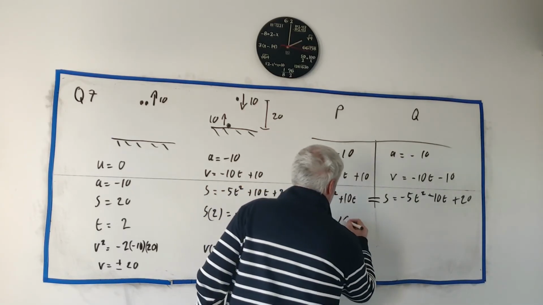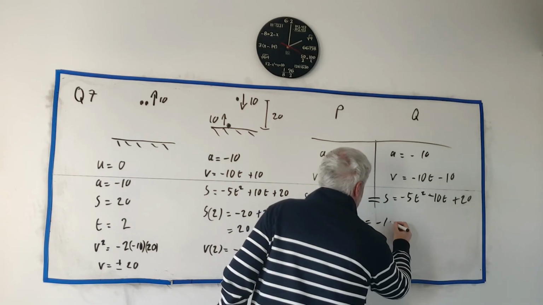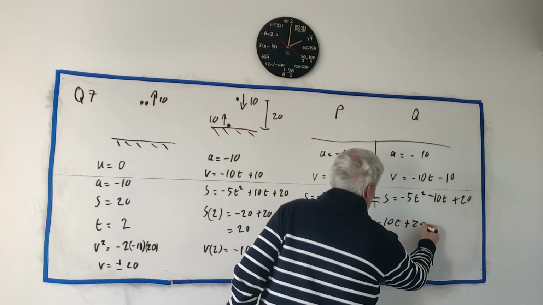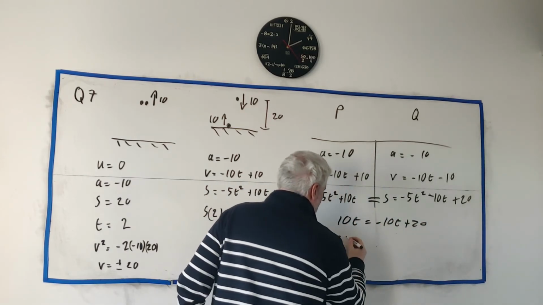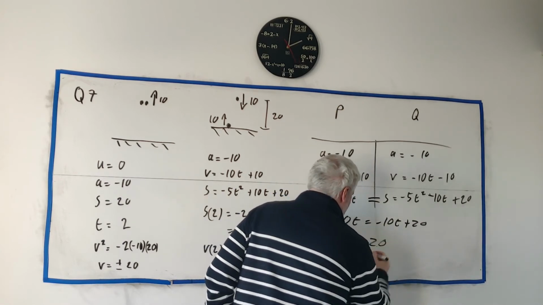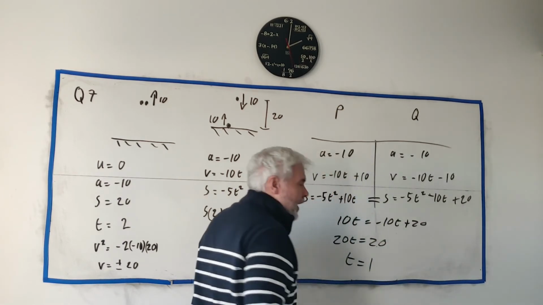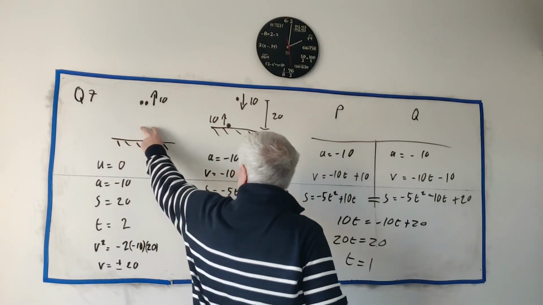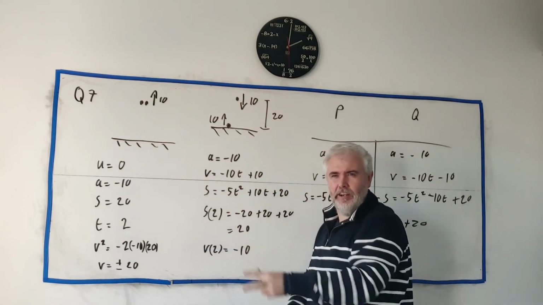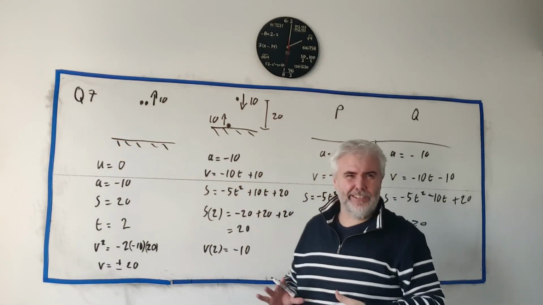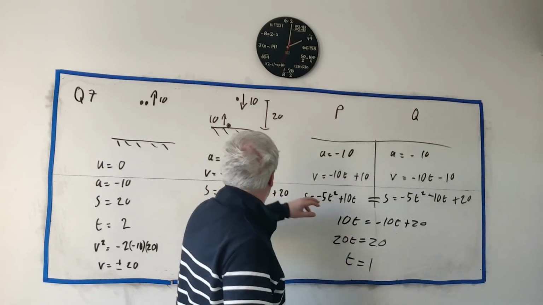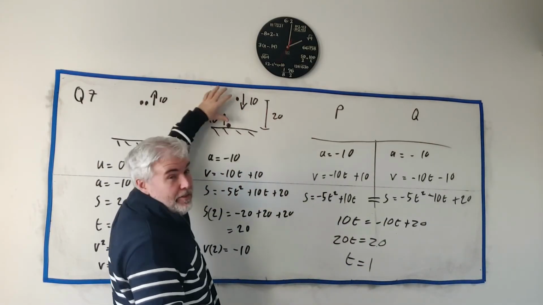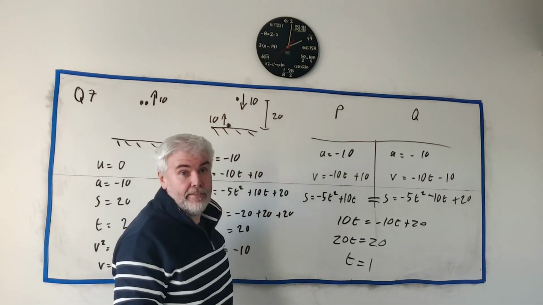So this side will have 10t equals minus 10t plus 20. Quite easy to do. That comes over, we get 20t equals 20. t is equal to 1. Remember, we're in a whole new time. 2 seconds passed over here and I reset the clock, so I hope that's not confusing. 1 second after the bounce is when they hit.